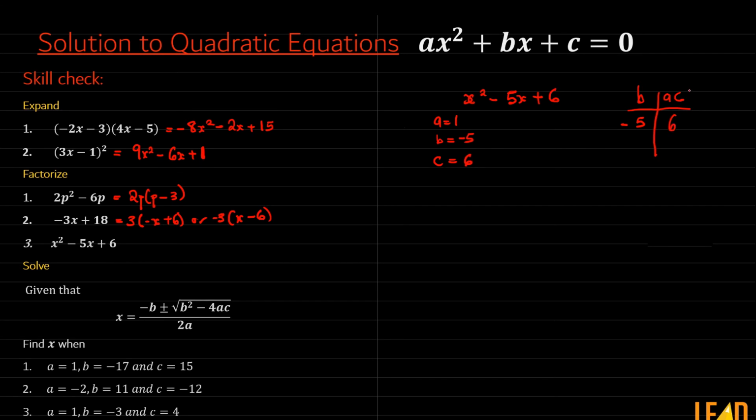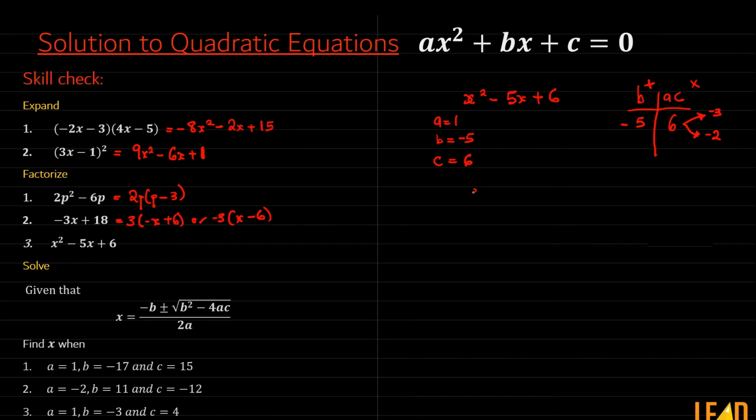So here's the thing. We need to find two numbers that multiply to give us 6, but add to give us negative 5. We will use factors of 6 to try to figure them out, because it's easier to go that way than to go through trying to find numbers that add up to give you negative 5. The factors of 6 are 1 and 6, 3 and 2, so I think 3 and 2 would work. Actually, negative 3 and negative 2. If I put them together, I get minus 5. If I multiply them, I get plus 6, right?